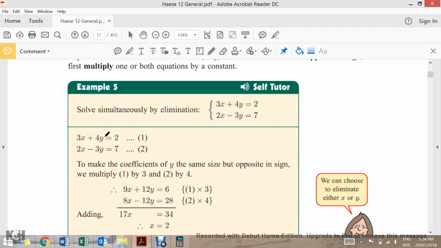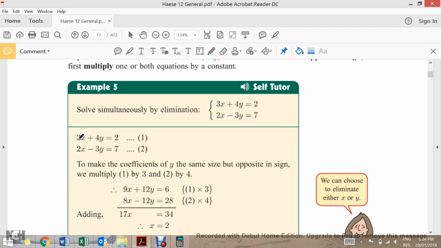Here we have 3x plus 4y equals 2, and then we have 2x take 3y equals 7. We can get rid of either the x values or the y values once we get the same coefficient out the front.